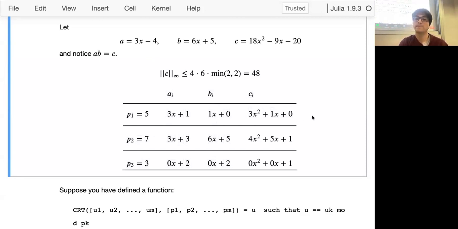I'm not taking a remainder mod 5. When I say mod 5, I'm saying the coefficients are now restricted to Z5. They're no longer from Z; they're from that ring.